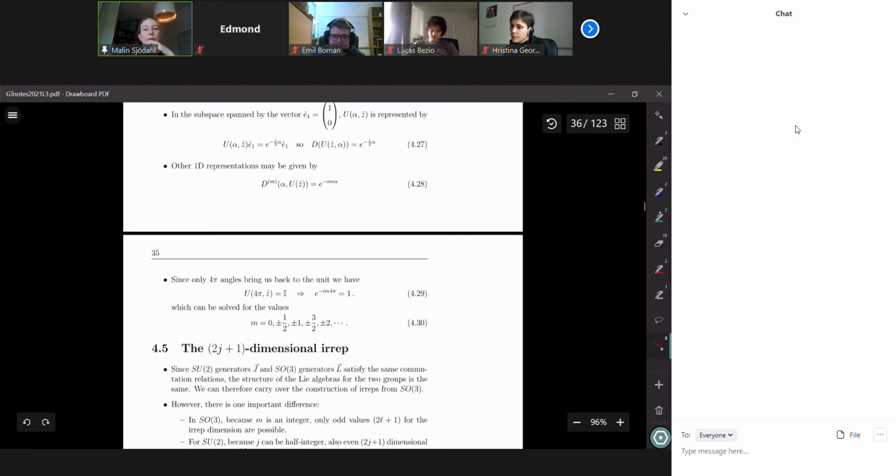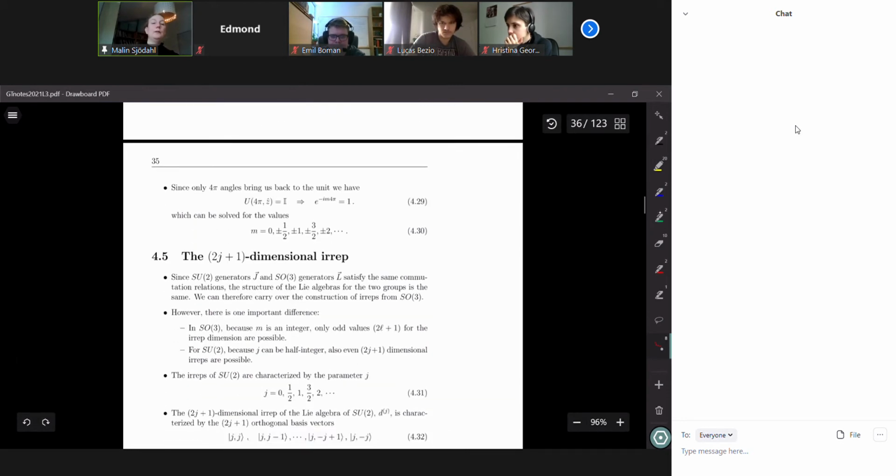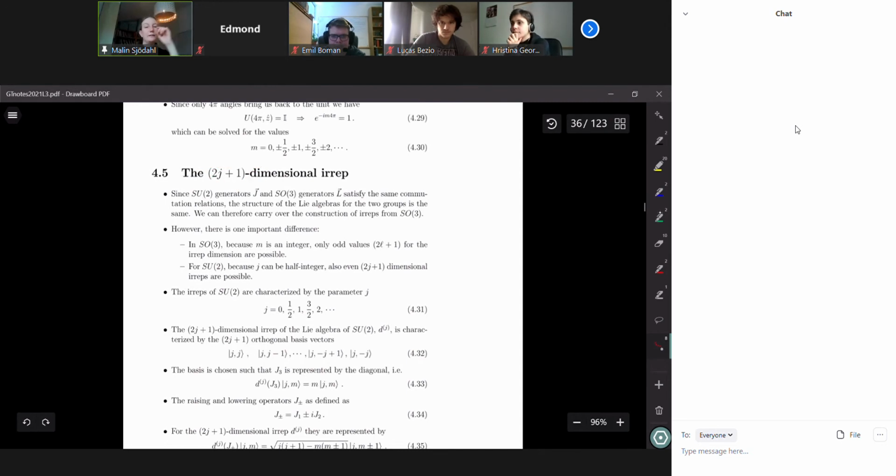So this is different from what we had for SO2 or SO3, where we needed to have full integer values. Here we can have half integer values, and this is the reason why we can have half integer spin. So as for SO3, we will then have 2j plus 1 dimensional representations. And j here will, however, be allowed to take half integers.